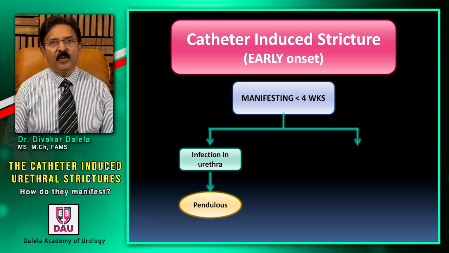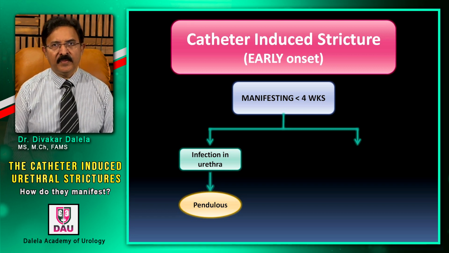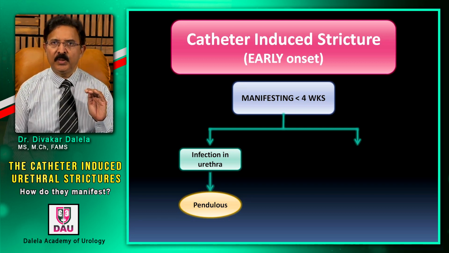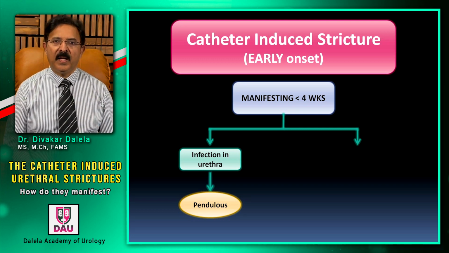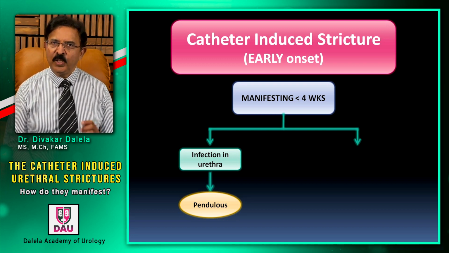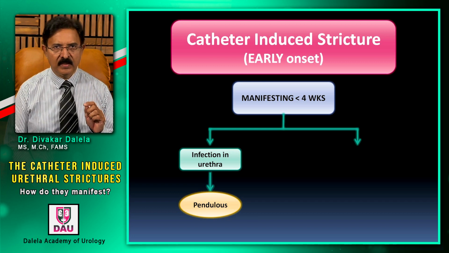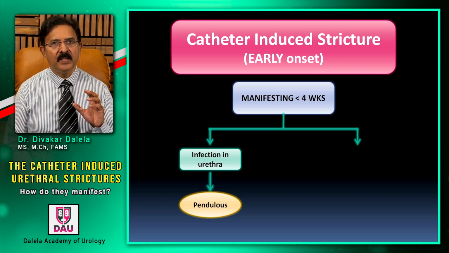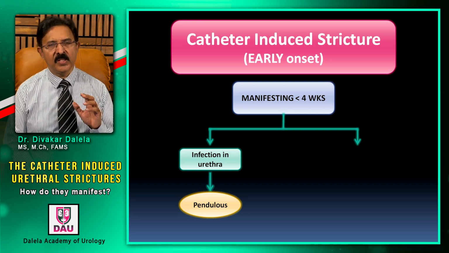At the time of introduction of the catheter, infection got inserted in the urethral lumen, and this infection will involve the pendulous part of urethra most, because it is here where the quantum of bacterial load will be very heavy. So you get infection-induced strictures more often in the pendulous urethra.